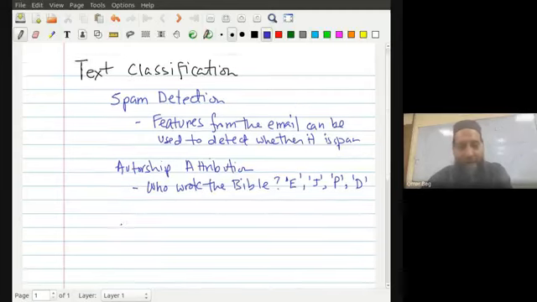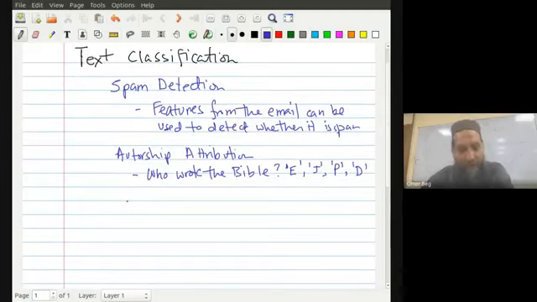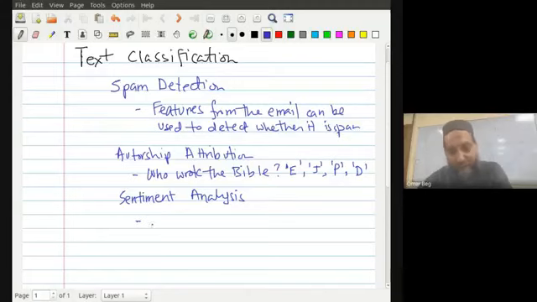Another example which we'll be using in detail is sentiment analysis. I'll have another lecture on this sentiment analysis, perhaps with a good long example. So what is the problem of sentiment analysis?